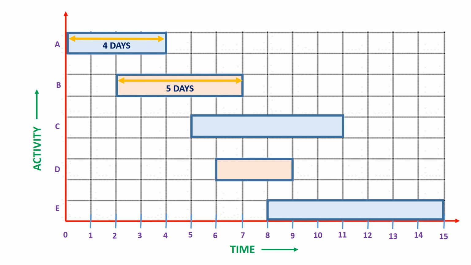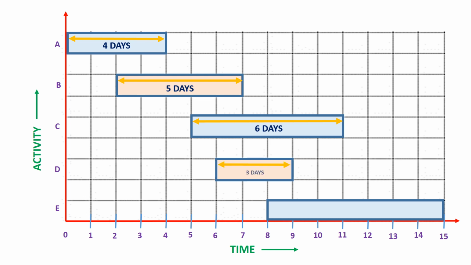Next, for activity C, the start time is t equal to 5 and the finish time is t equal to 11. Therefore, the duration of activity C is 6 days. For activity D, the start time is t equal to 6 and the end time is t equal to 9.